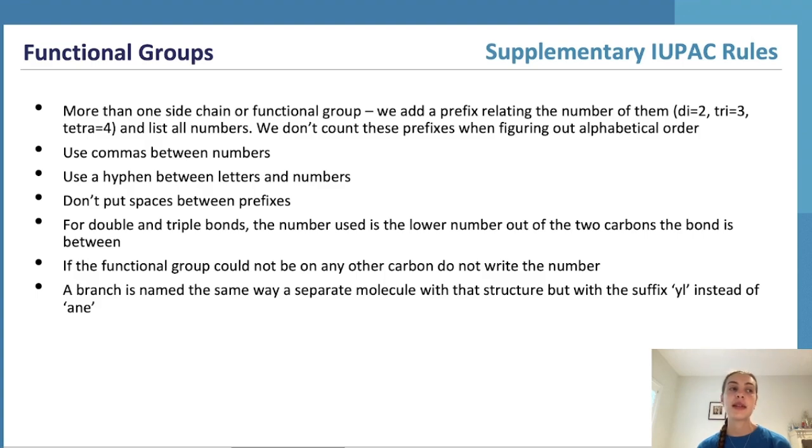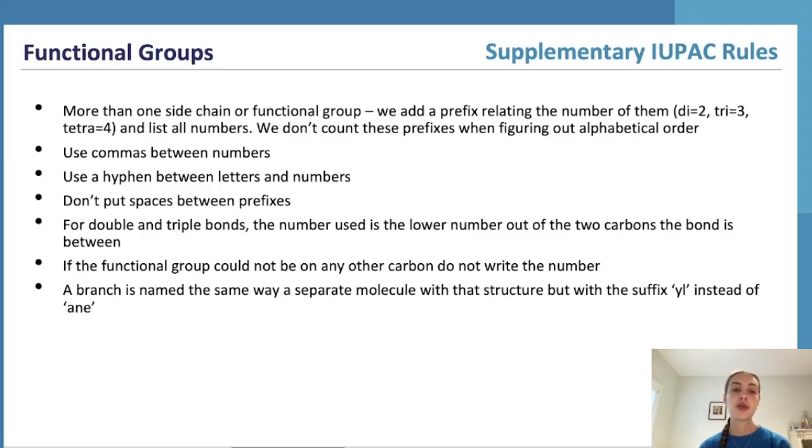So if there is a chlorine group on the second carbon, you'd call it 2-chloro, whatever the rest of the chain is. It's also important not to put spaces between prefixes. If you had a methyl pentane molecule and the methyl was on the second carbon, it would be 2-methylpentane. Methylpentane would not have a space in between, it would be one word.